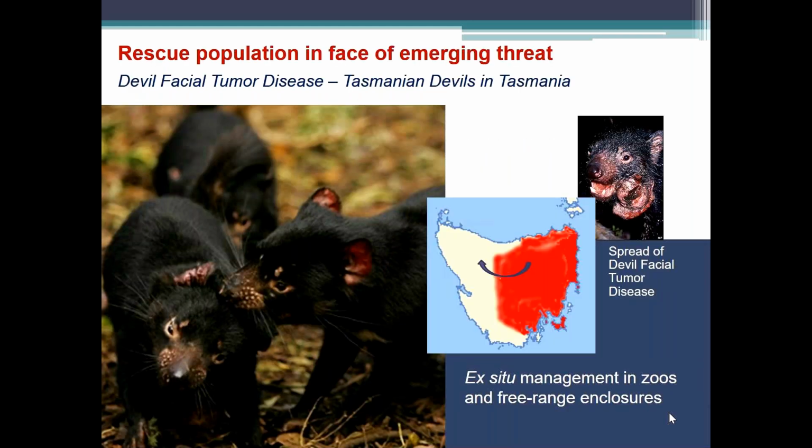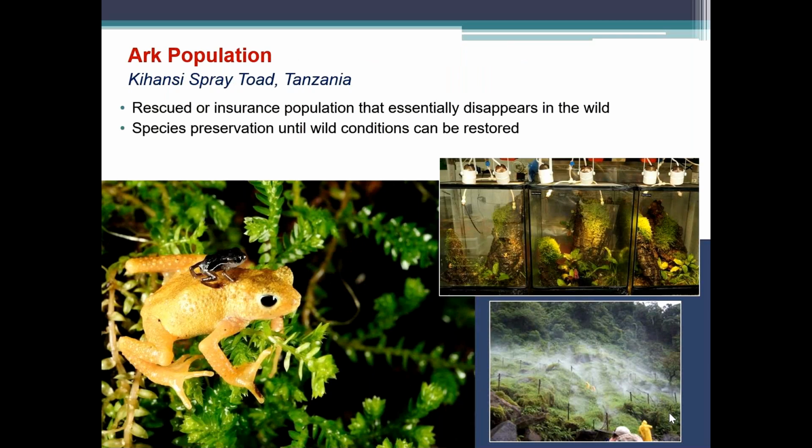You can also have rescue populations when you see an emerging threat that's quickly moving through the wild. Often these are diseases such as devil facial tumor disease that spread through Tasmania and was dramatically affecting Tasmanian devils. Other examples would be the chytrid fungus that's moving through amphibian populations. An ark population is almost the extreme of this, where the species has disappeared in the wild.